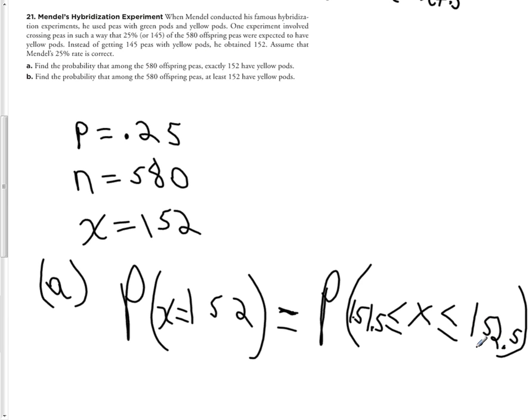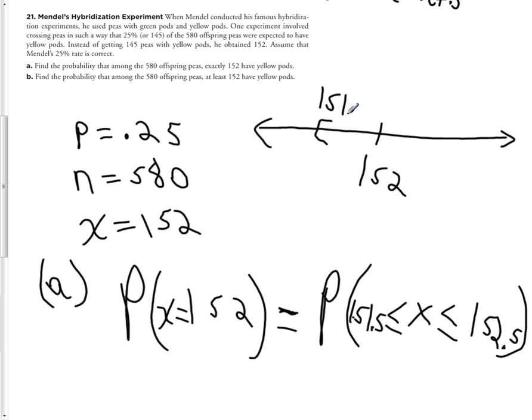That's the interval we're going to use for our continuity correction. The number 152 on a number line is represented as the interval from 151.5 to 152.5.